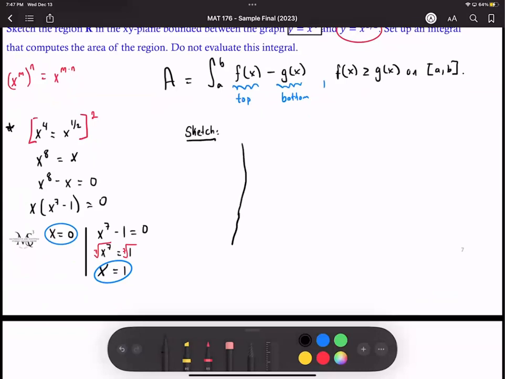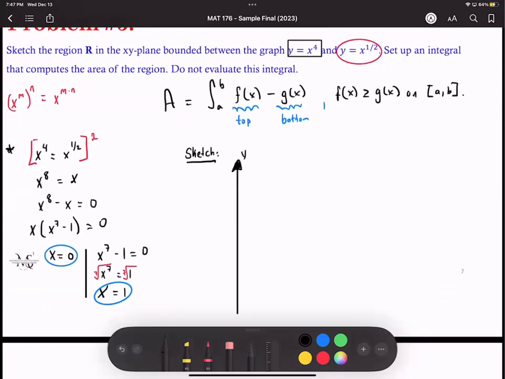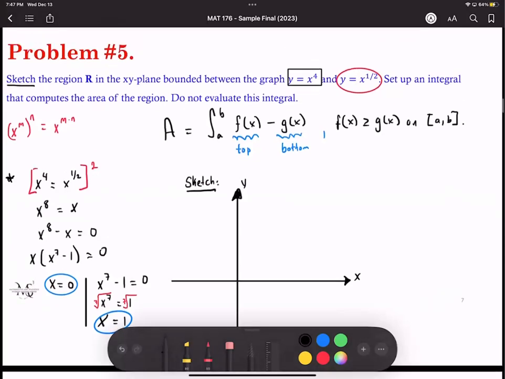And then I'm going to write out the integral. So you have to sketch the graph, by the way. You can't go about it without it, because it did say sketch the region of interest. So here's our y-axis. Here's our x-axis. For the graph of y equals x to the 4th, that's a power function with an even degree.